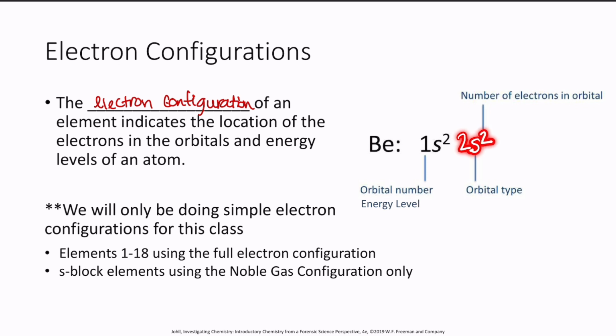But since beryllium only has 4 electrons, I only need to use 2s2. We are only doing simple electron configurations for this class. I only expect you to know the full electron configurations for elements 1 through 18. And then for the s block elements, which we'll talk about in just a second, you do need to know the noble gas configurations, but only the noble gas configurations.